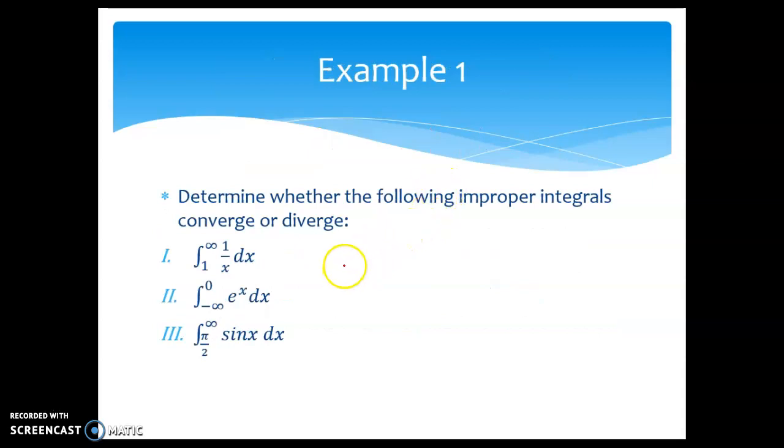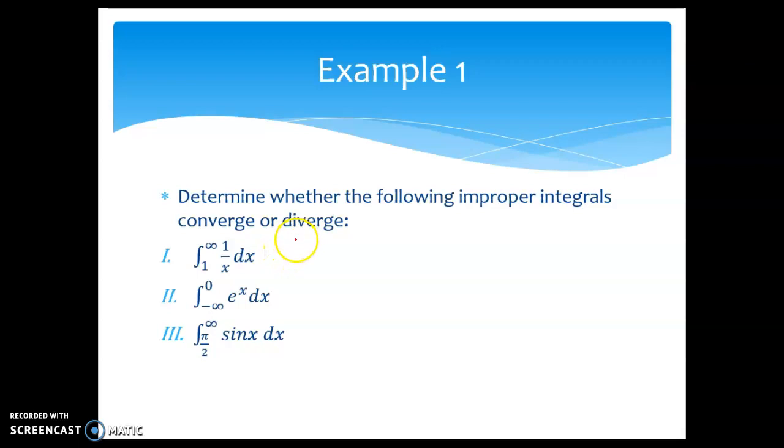So here we are going to determine whether an integral converges or diverges. An integral converges when we perform the integration and we come up with a real number. We call that a convergent integration.